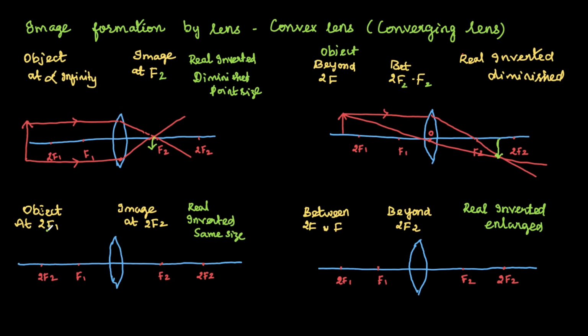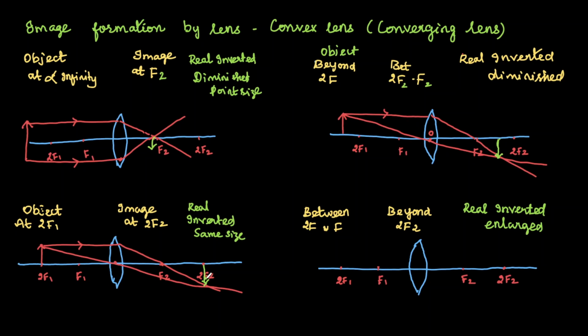When we keep the object at 2F1, the parallel light ray from the object falls here, and after refraction it will be passing through F. And one more light ray comes from the object passing through O. At the point of intersection, there will be formation of image.